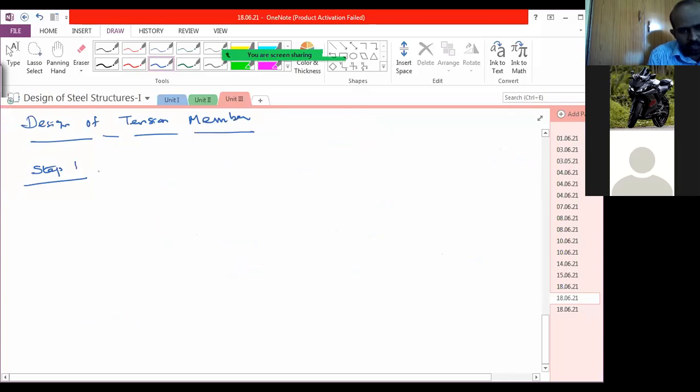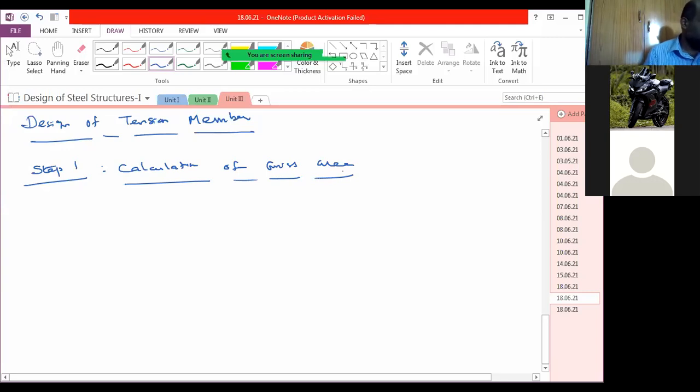Calculation of gross area. So can anybody say how to calculate the gross area, based on what?